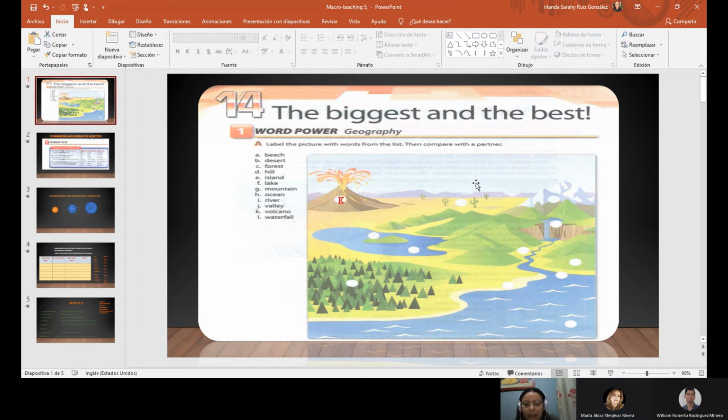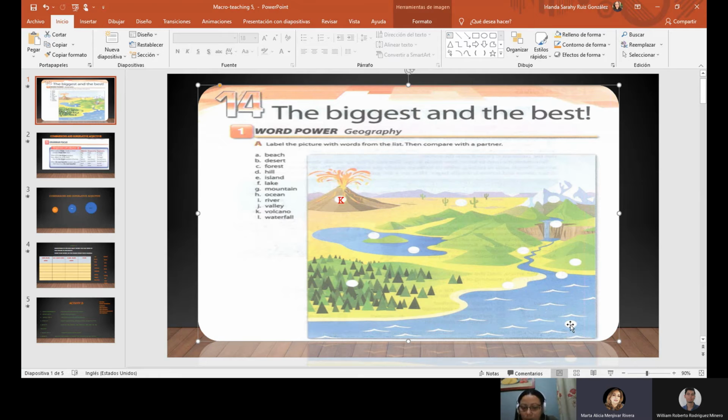Now to continue, I want you to help me fill this chart with the correct letter. For example, the letter K is in the volcano because that is where it corresponds. Can you help me, Marta, with the next one? For example, this place, the letter A, for example, beach.